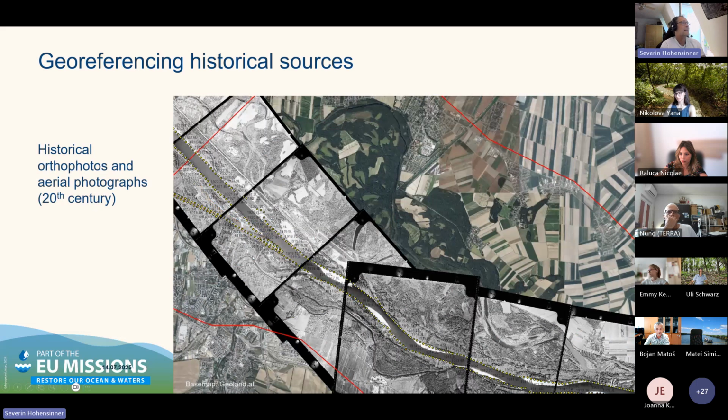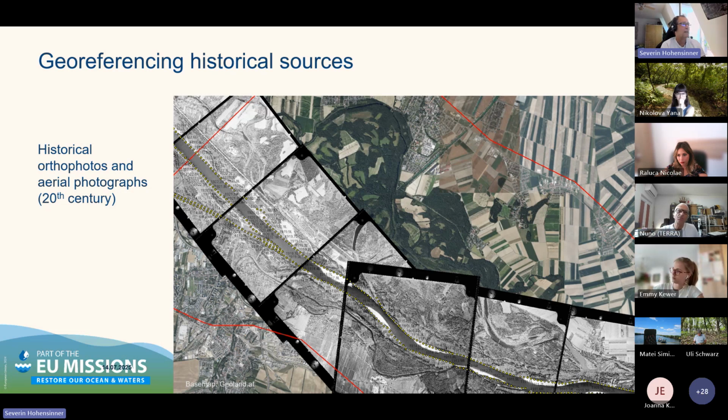And then we start with the georeferencing of the first historical data. If we go backward in time, of course, first this would be orthophotos. Orthophotos are already georeferenced, but aerial photographs are not, as you can see here, the Danube flight from 1959.